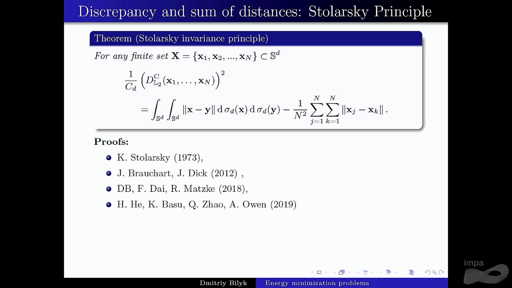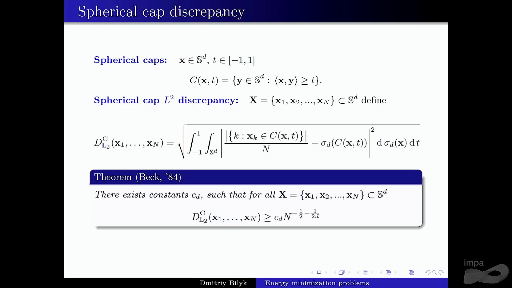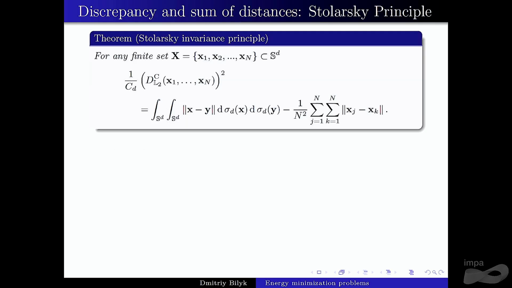Well, let's go back for a moment and look at the formula for discrepancies. I can replace this number by the sum of indicator functions, right? Okay, and if you square things out, the sum of indicator functions becomes a double sum. That's where you get the energy, right?